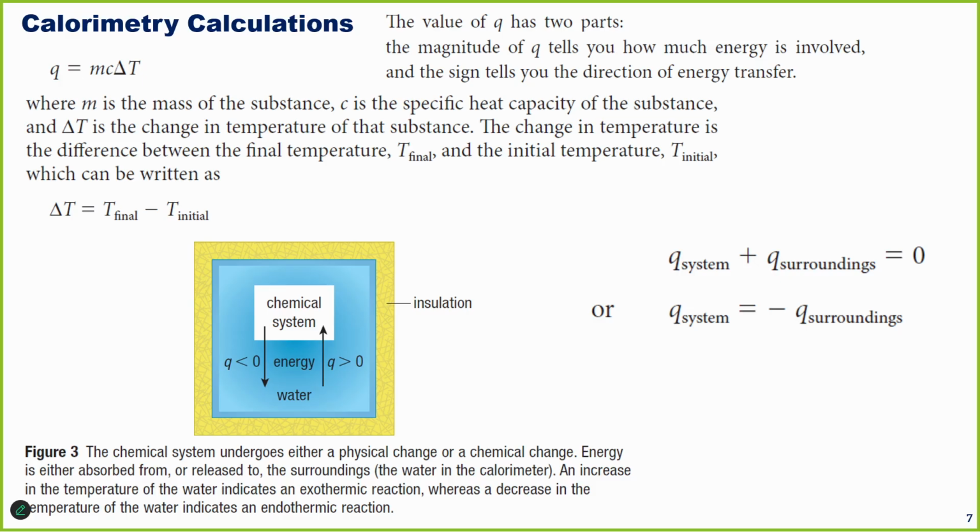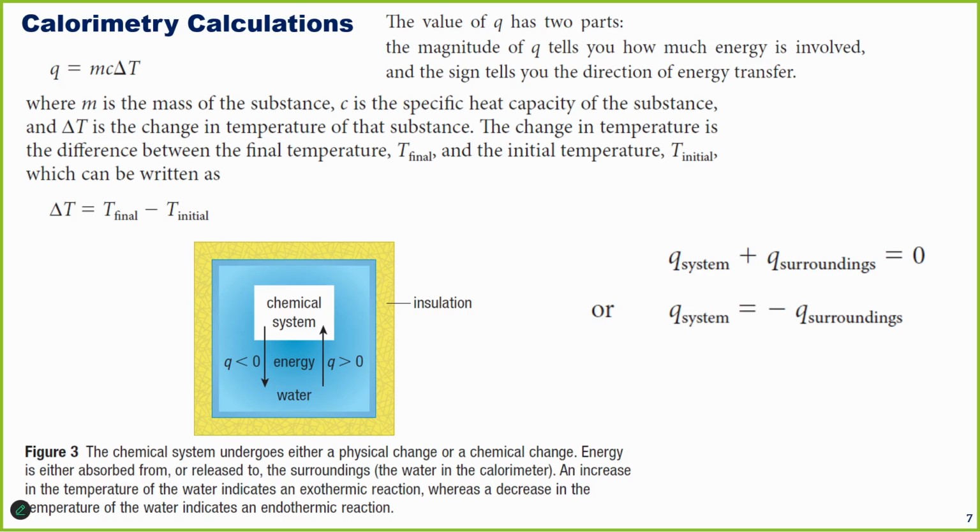The change in temperature is the difference between the final temperature, T final, and the initial temperature, T initial, which can be written as the formula in the middle. Delta T equals T final minus T initial. The value of lowercase q has two parts. The magnitude of q tells us how much energy is involved, and the sign tells us the direction of the energy transfer.